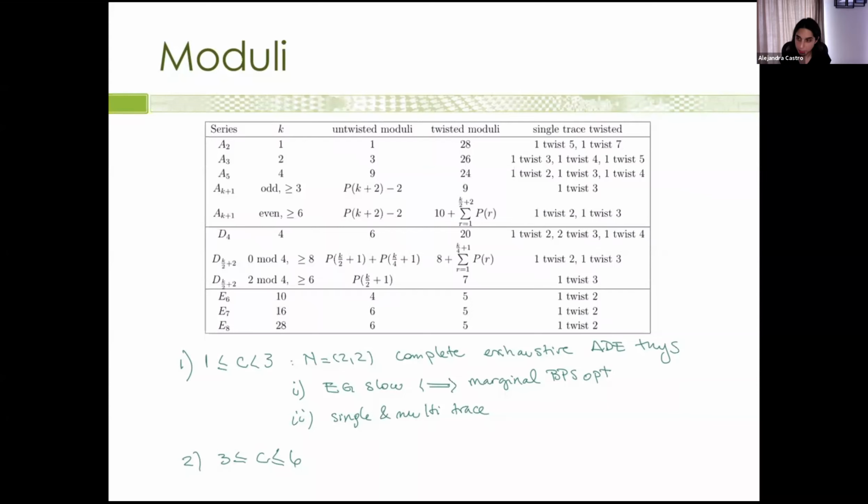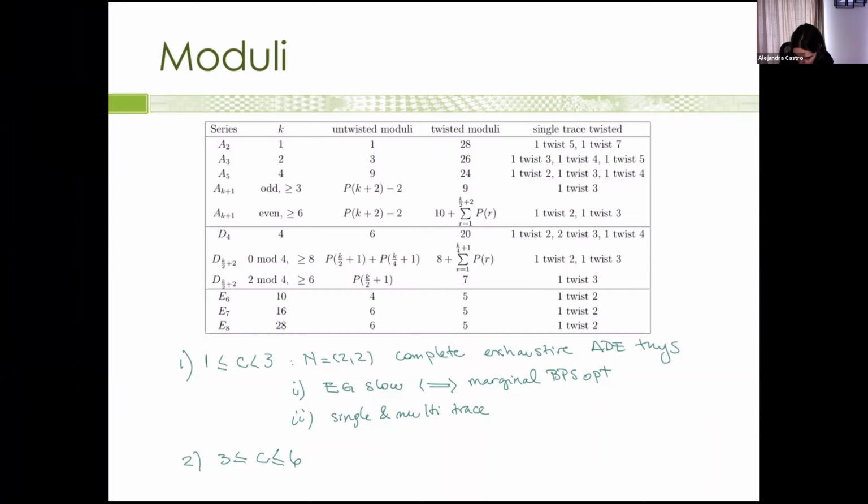But the thing that I wanted to note: I was showing you some examples of tensor products of minimal models where you still have c less than 6, and there are the Kazama-Suzuki models as well, so that you can also explore the range between 3 and 6. Within the space of theories that we could try to quantify, there were examples that were fast and examples that are slow.